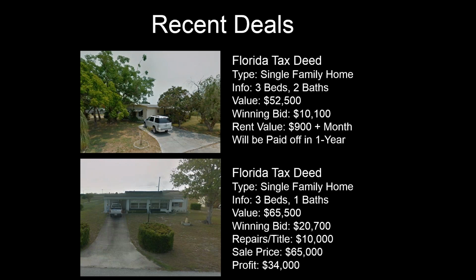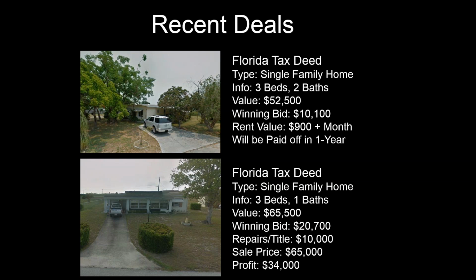With these properties, there are going to be different strategies. One of them will most likely be used as a rental, and renting out that property. Essentially this property could pay for itself within a year or so, bringing in anywhere about $900 a month is kind of what the 3-bedroom, 2-bath homes are renting for within that area.